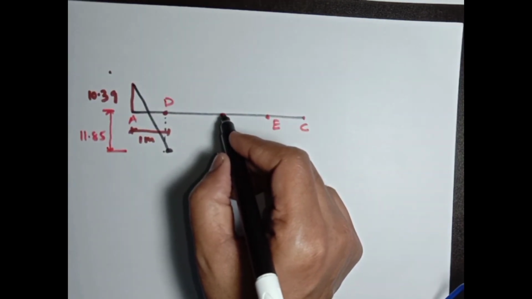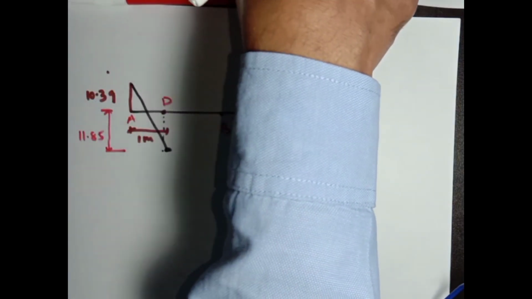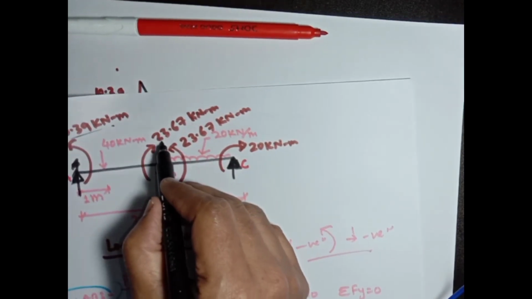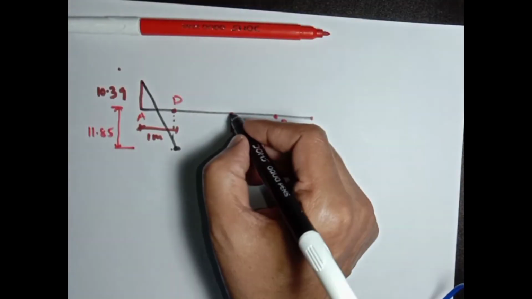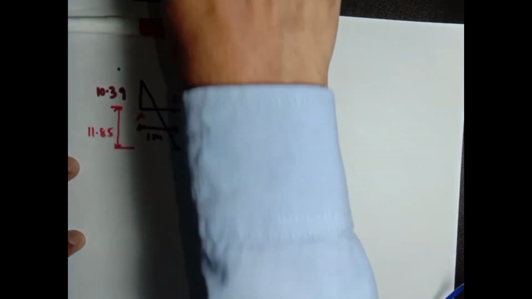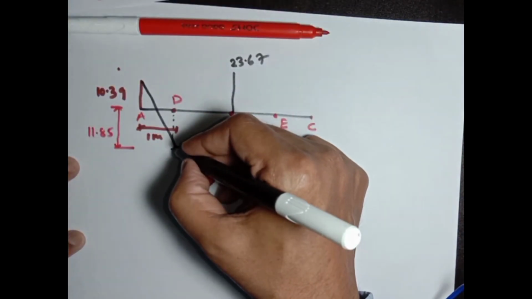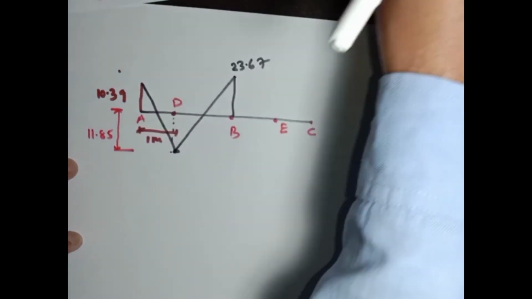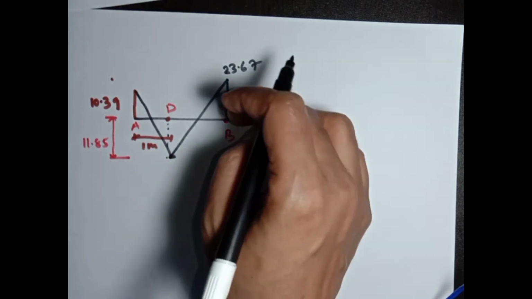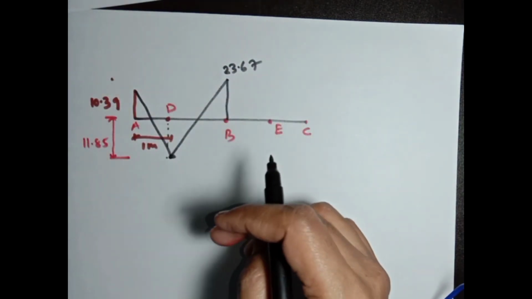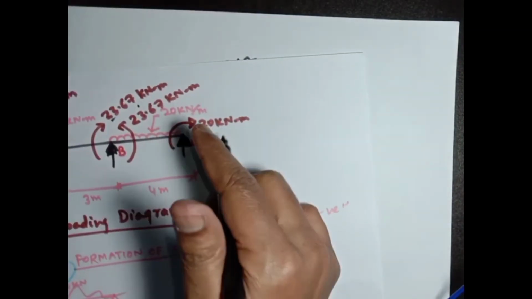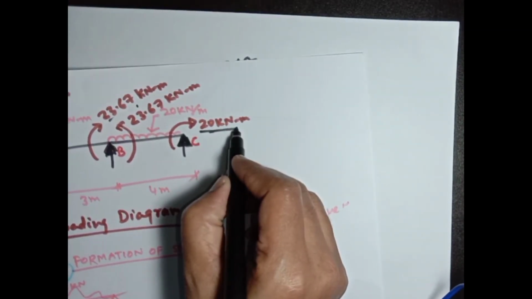The fixed end moment is, as per the loading diagram, 23.67. It will be joining here, and this span is supported with a UDL, so the bending moment curve will be a parabolic curve, and at point C there is a fixed end moment of 20 kilonewton meter.